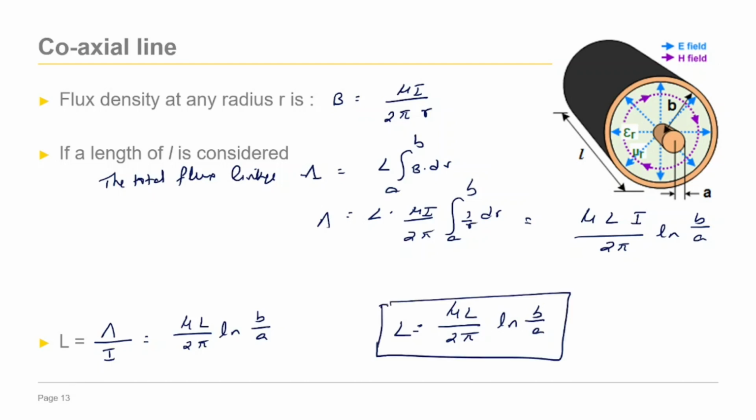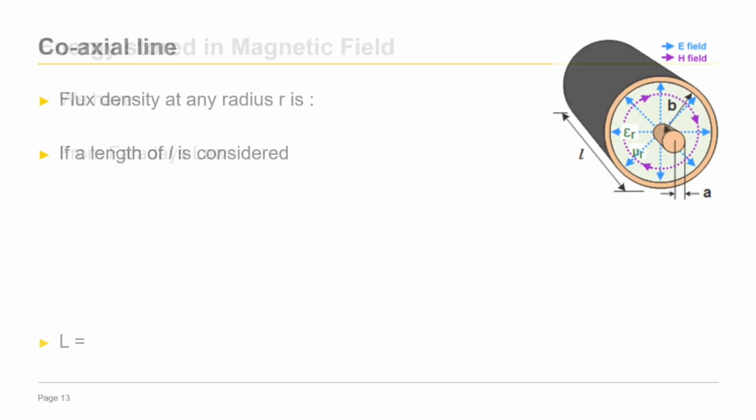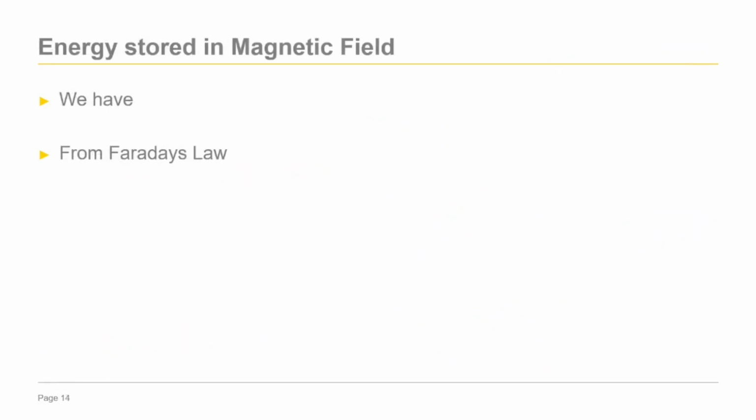Having proven the inductance of the coaxial line and of the two-wire line, let us try to find the energy stored in the magnetic field. As per earlier definitions, the work done is going to be V times I dt, where V and I are the instantaneous values of voltage and current.